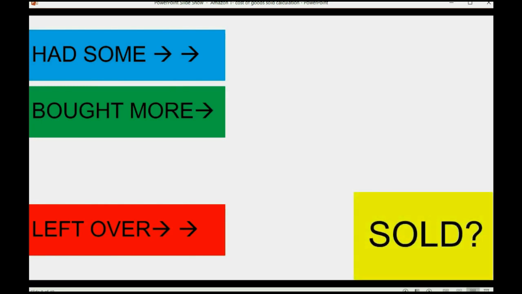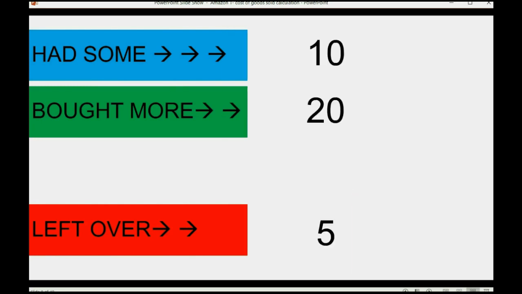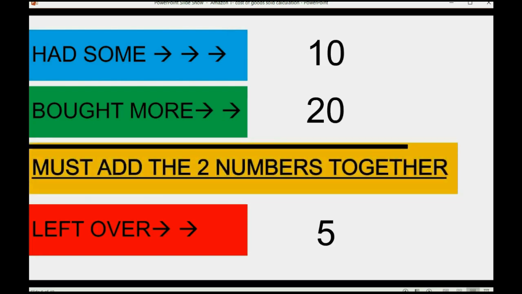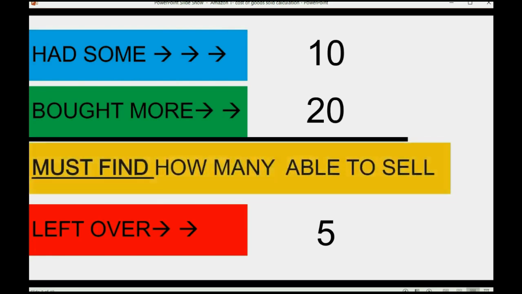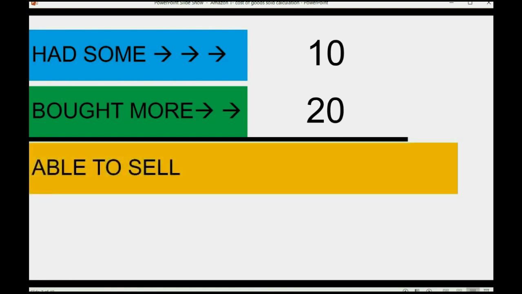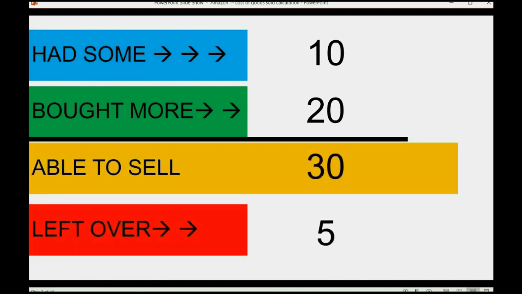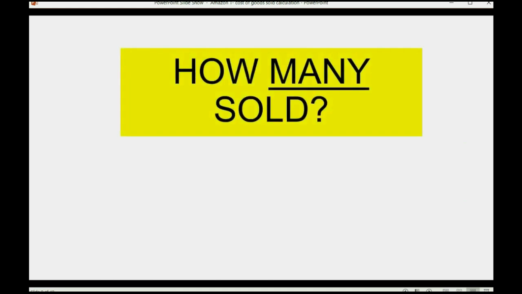Well, in order to know that, you would have to be able to add the first 2 numbers together. In other words, you would have to find out how many you were able to sell, and then of course you would subtract out the amount that you did not sell, which is the amount left over. So if we were able to sell 30 and we did not sell 5, then how many did we actually sell? And of course the answer is 25.